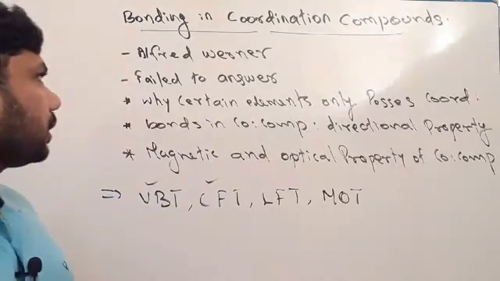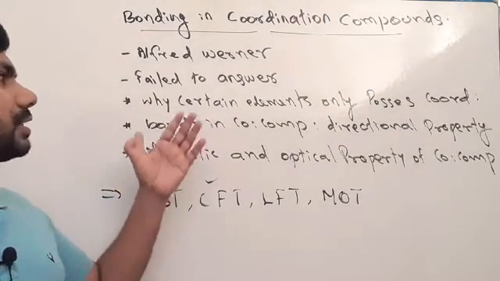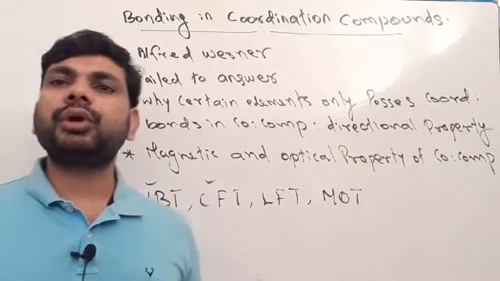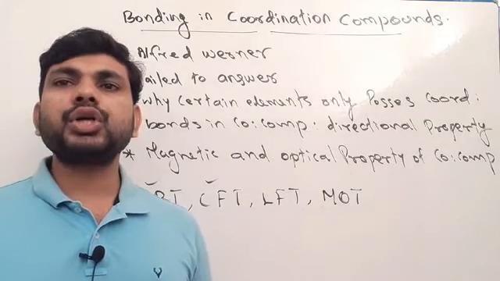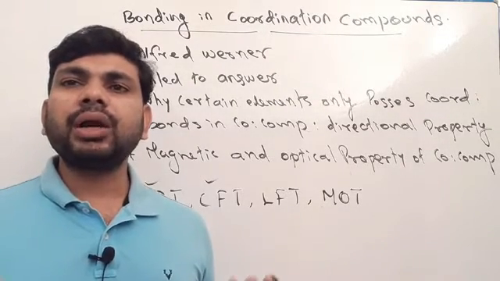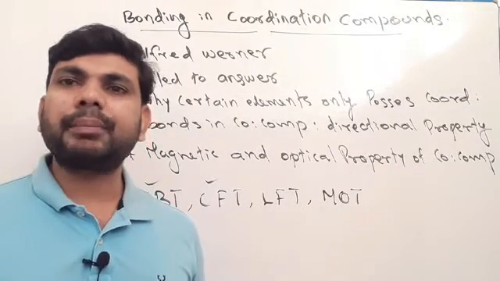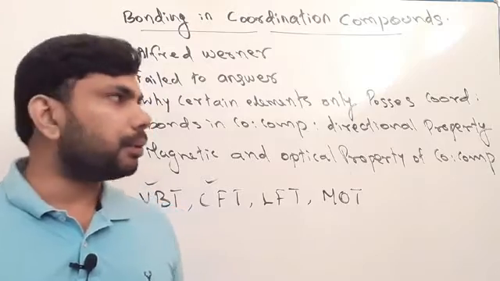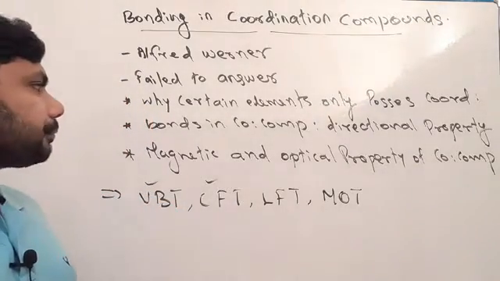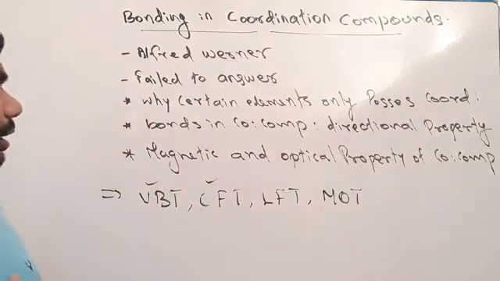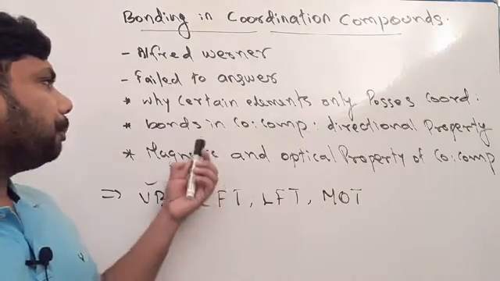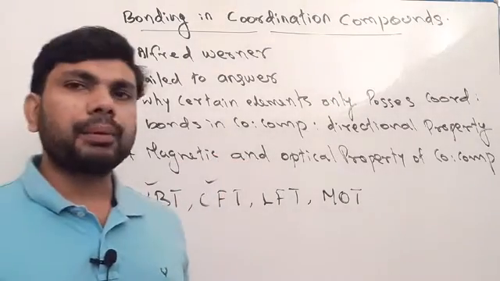Alfred Werner failed to explain why certain elements only make coordination compounds. Not all elements form coordination compounds, only certain elements do. Similarly, Werner failed to explain the bonds in coordination compounds.